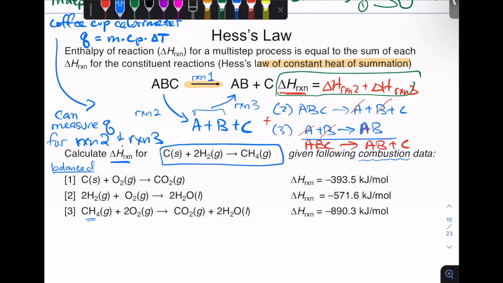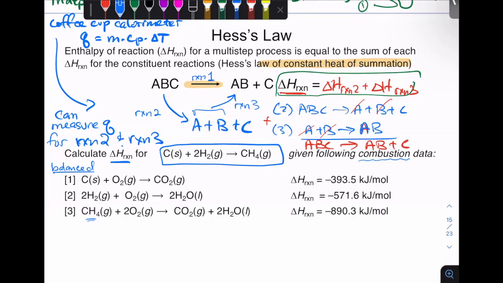Okay, so let's see, how can we manipulate 1, 2, and 3 such that if we manipulate them and then add them together, we'll actually describe the reaction in blue that we want to characterize. And it's somewhat of a logic puzzle, okay? The way you do these is, let's take a look at reaction 1.